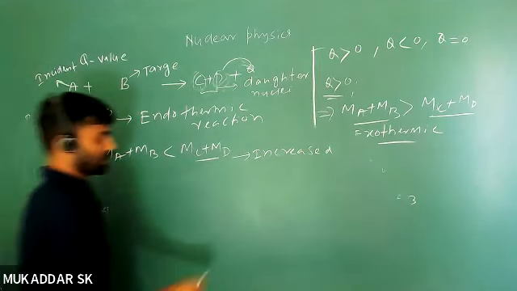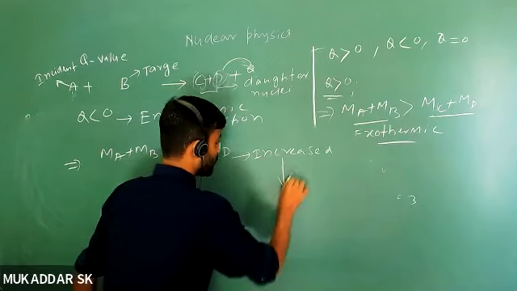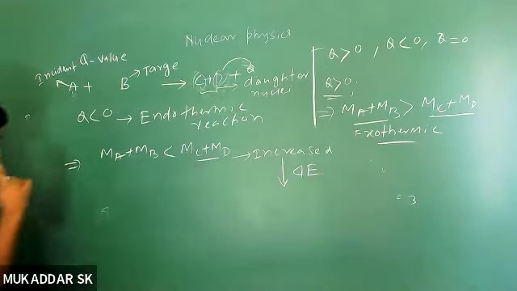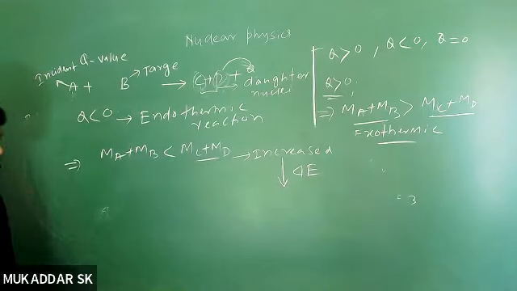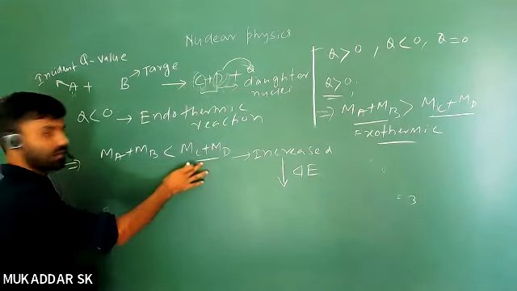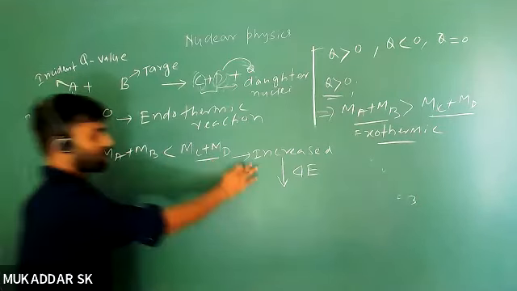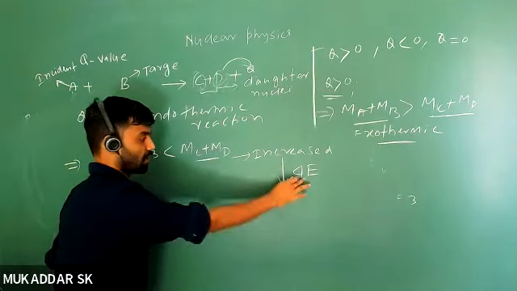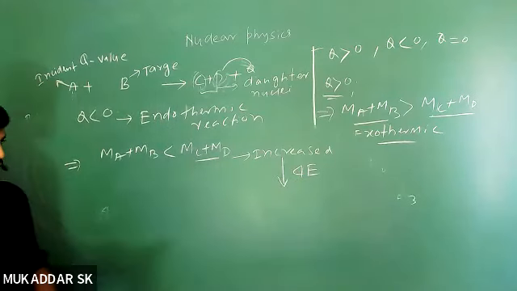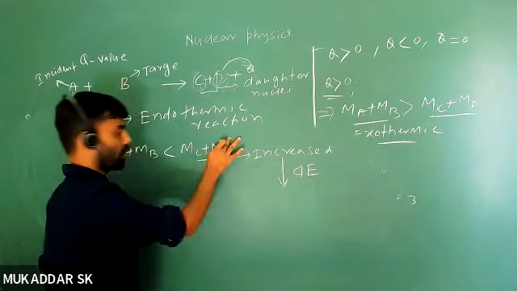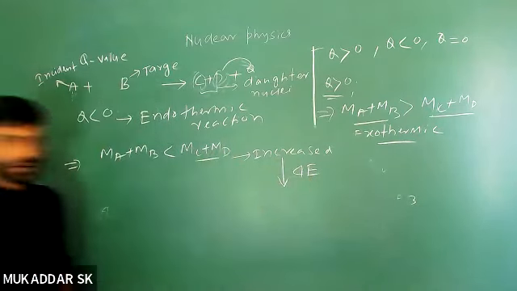So mass is energy, so you have to supply some energy from external. For this increment of mass, you have to supply some energy. That energy will be converted to mass from Einstein's energy-mass relation.